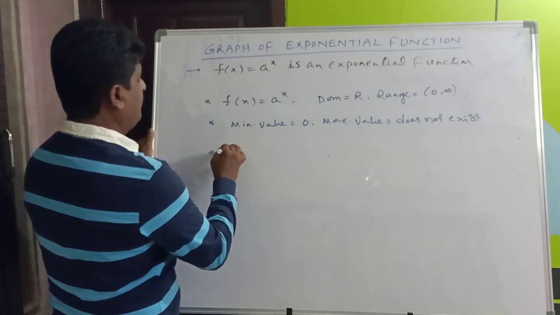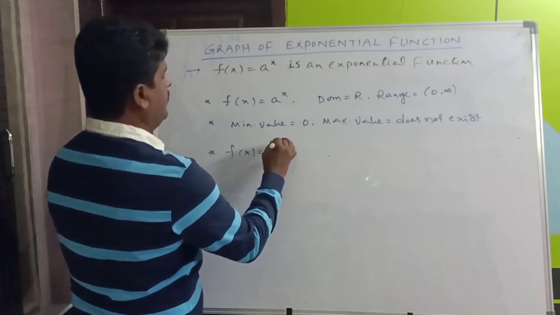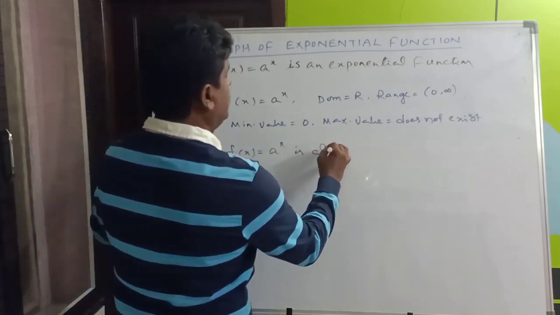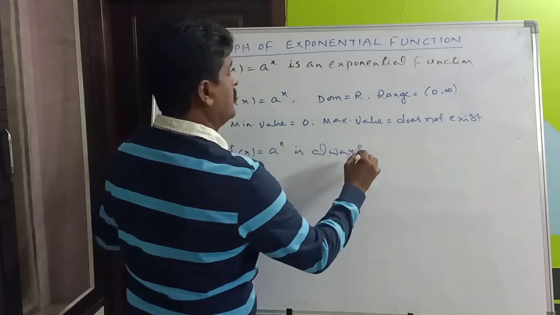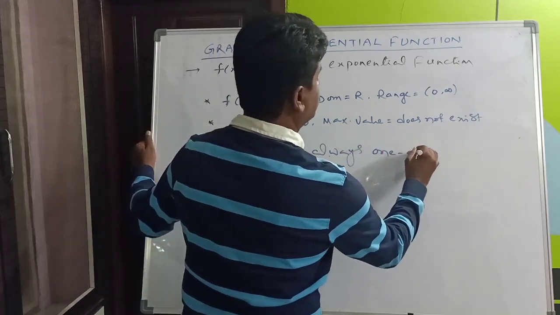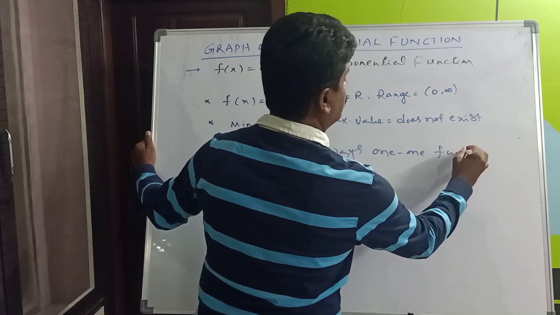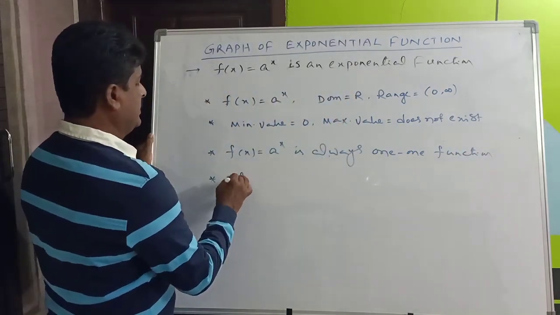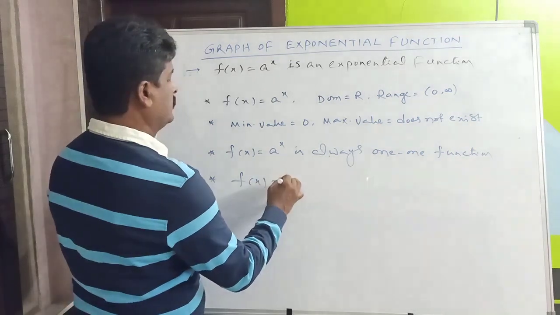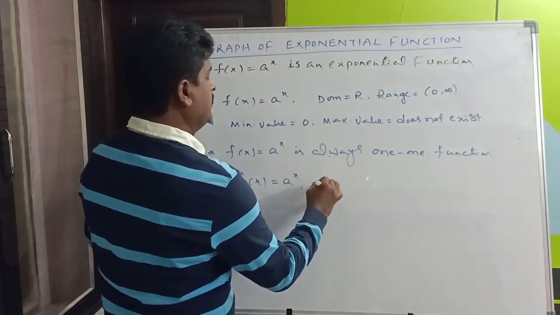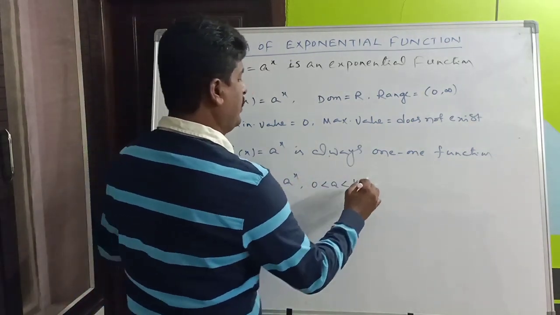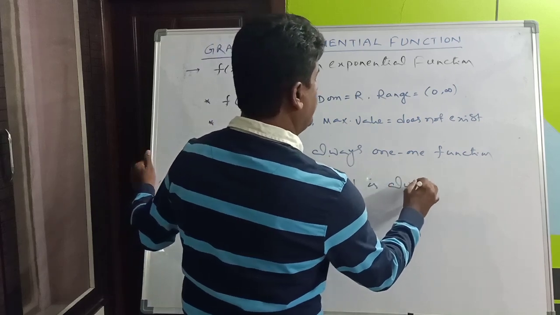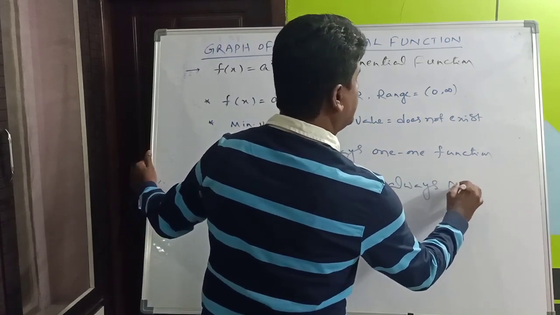And f of x is equal to a power x is always a 1-1 function. f of x is equal to a power x, 0 less than a less than 1, is always a decreasing function.